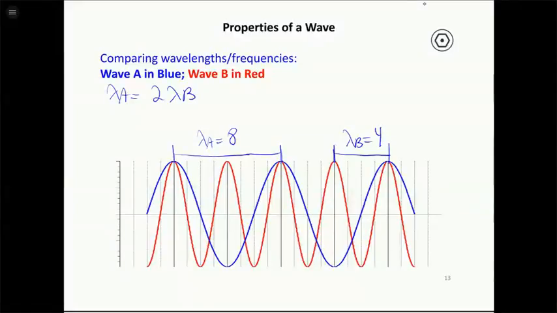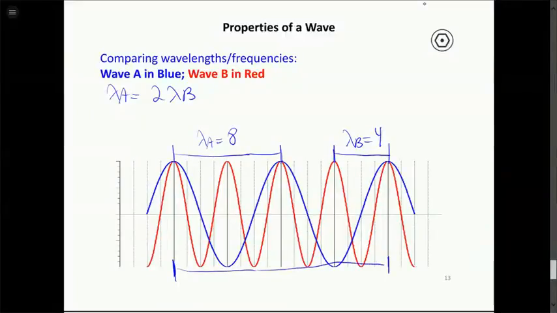So if we're comparing two waves, this allows us to do this. Now we know this relationship between wavelength. What's the relationship between the frequencies of the two? So let's go down here. Let's assume that this period of time represents 1 second. So let's look at the frequency then. Remember, we can think of this in two different ways. So wave A, we have 2 full cycles that span this period here.